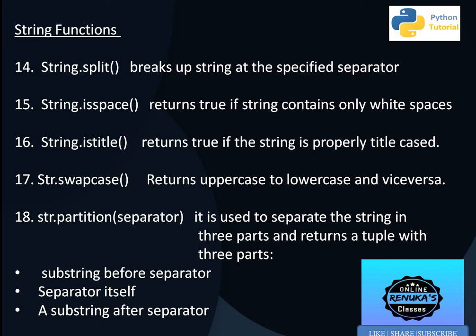Swapcase will convert uppercase to lowercase and lowercase to uppercase. And str dot partition will separate the string into three parts and return a tuple with three parts. The three parts will contain the separator, the string before the separator, and the string after the separator. So we will see how these will work.